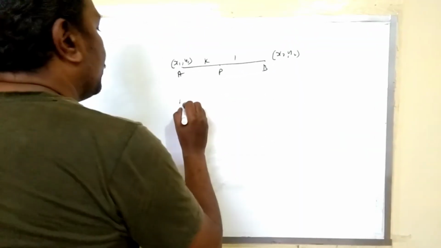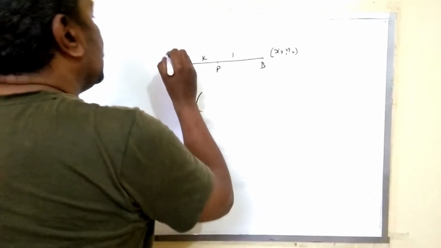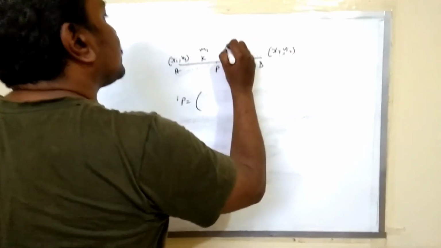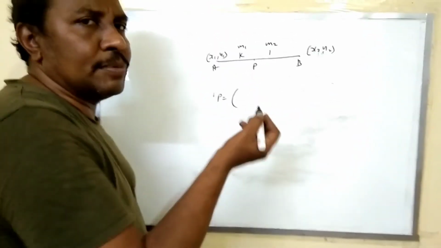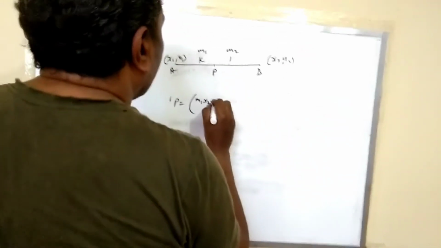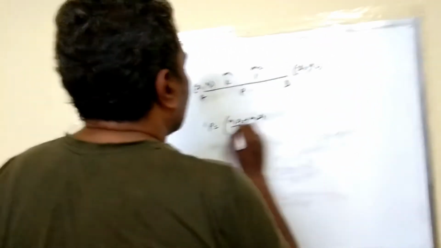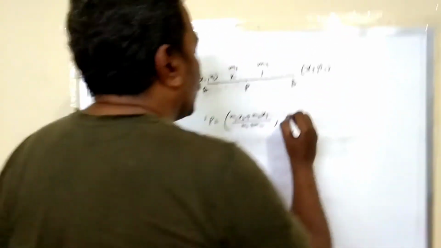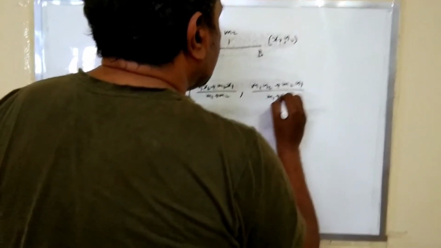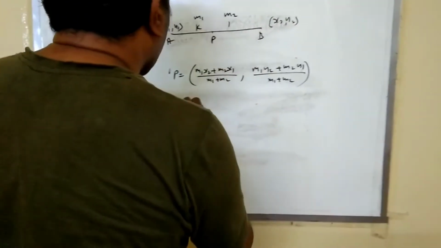Then what are the coordinates of P? As usual, only m1 and m2 will change. The formula is m1 x2 plus m2 x1 by m1 plus m2, and m1 y2 plus m2 y1 by m1 plus m2. This you already know.